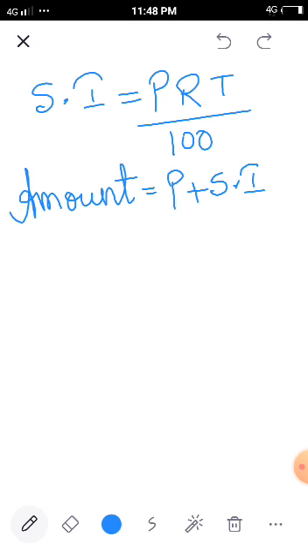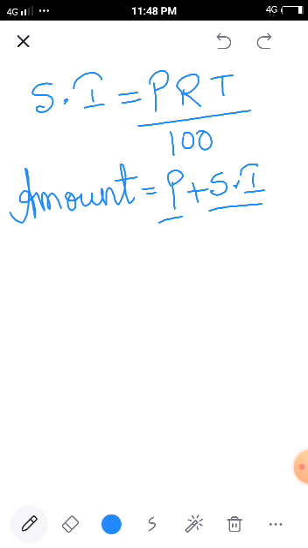Amount means the total amount after the specific period, when we pay back to the lender. The extra amount we pay is the interest, and the principal is the amount we had taken.